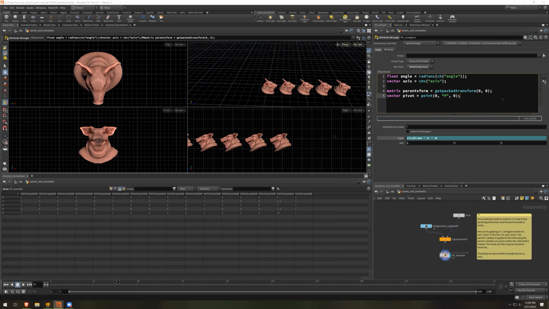So now what I need to do is iterate over each point in order to get its transform matrix and apply this rotation. To do that, I'm going to use a for loop. If you're not used to for loops in VEX, I is our iterator. We're saying, let's start counting, and we're going to write to this variable I in our counter.